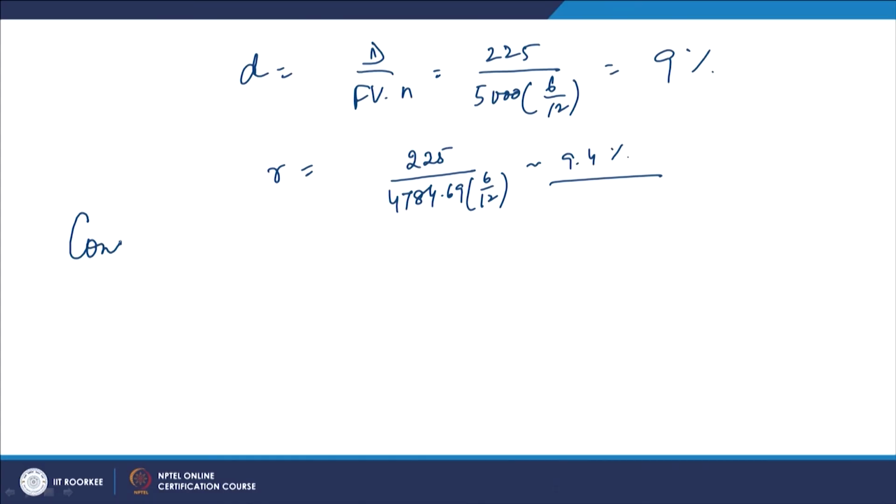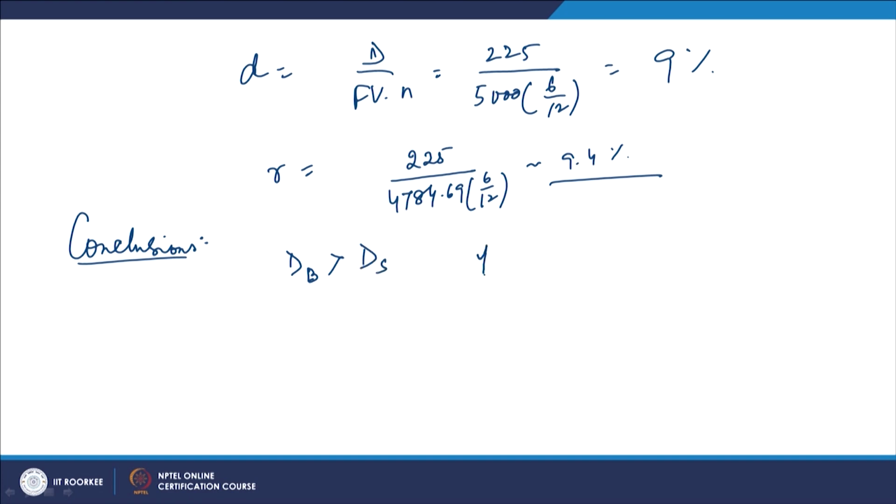So, we can have certain conclusions. When we use the same rate of interest R and the D, then the amount under the bank discount method would be larger. So, that is what we have seen, that the bank discount will be larger than the simple discount.